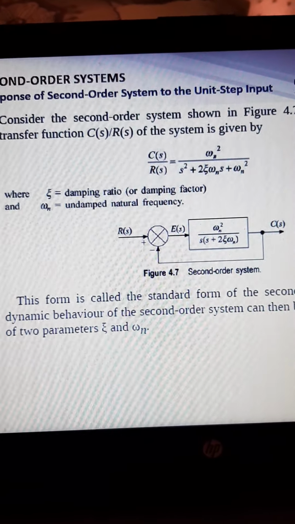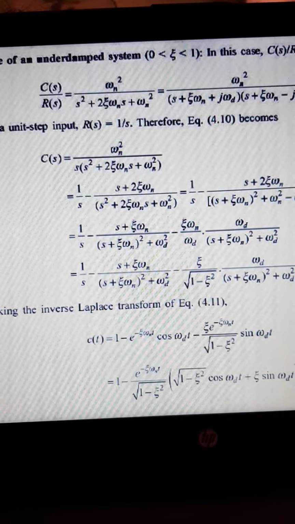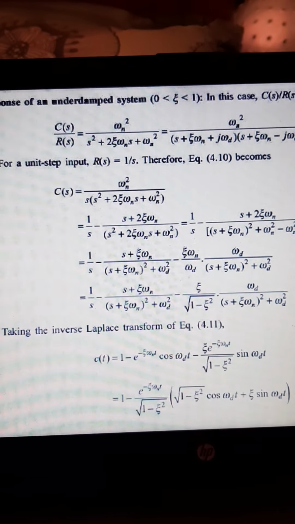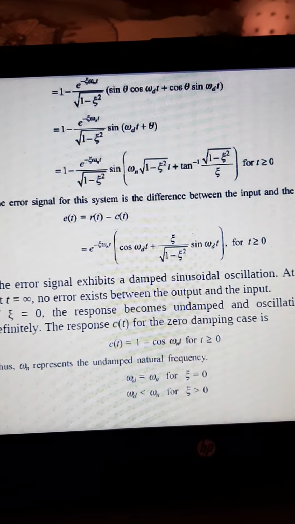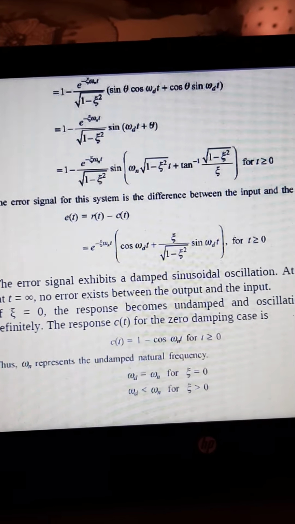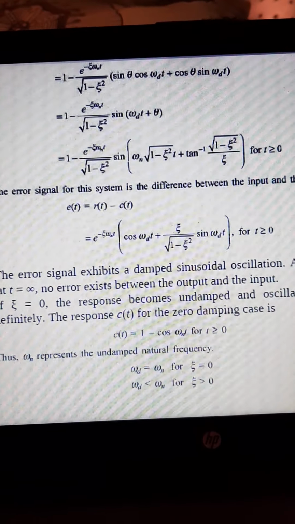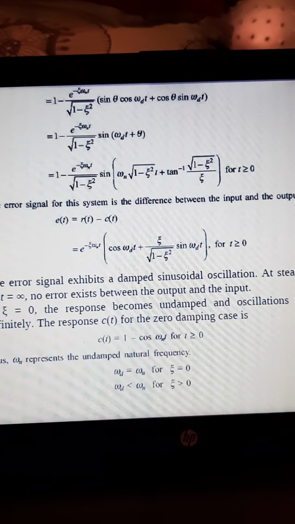Okay, this you have to consider from r of t. The error signal is the difference between the input and output.